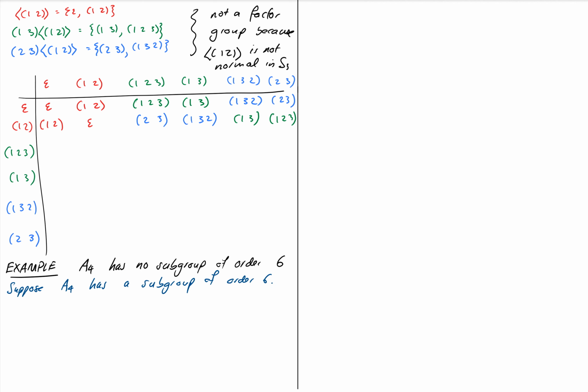Okay, now we need to note something first. Note that the size of A4 is equal to the size of S4 divided by 2, which is 24 divided by 2, which is 12.